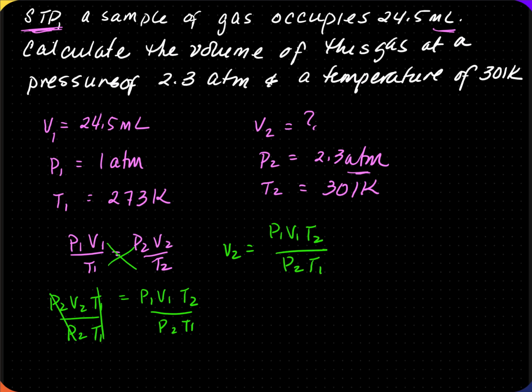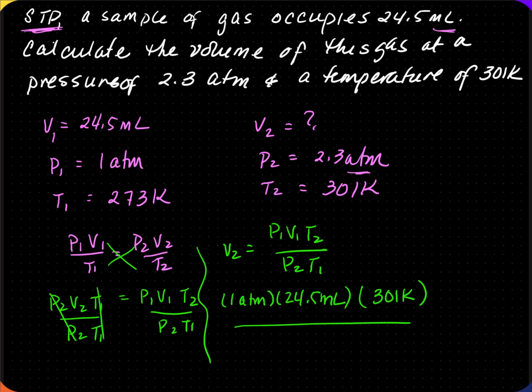Now I'm going to plug in. So my initial pressure is 1 atm. My initial volume is 24.5 mLs. My second temperature is 301 kelvins. I do not have to convert it because it's already in kelvins. Divided by P2, which is 2.3 atm.